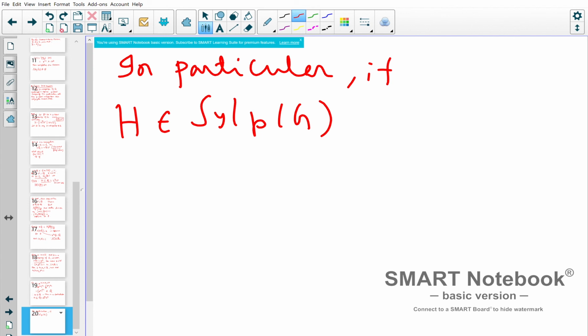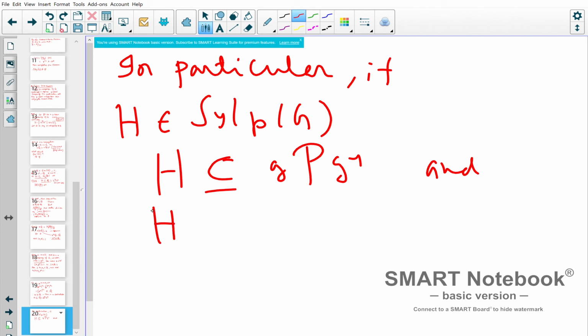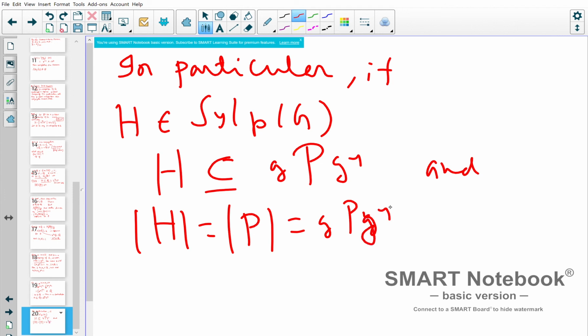So the whole game you can play again, and you can say that H is sitting inside some conjugate of P. Not only that, the order of H is the same as the order of P, which is the same as the order of gPg inverse, right?